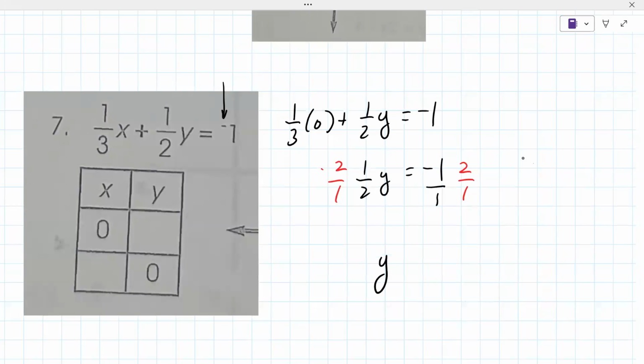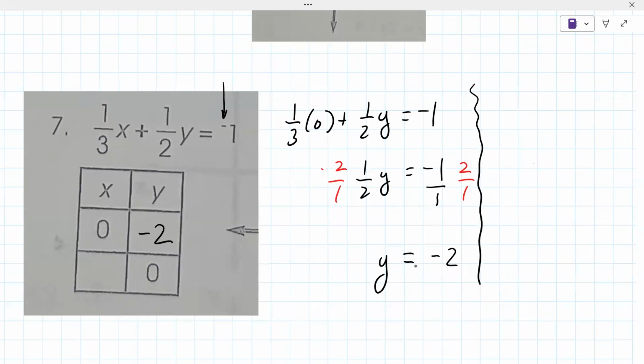So what is the answer? Y equals? Would it be 2 over 2 or 2? Wait. What about this negative operator? Does it just go away? Oh, that was it. Oh, yeah. Would it be -2? Yes.